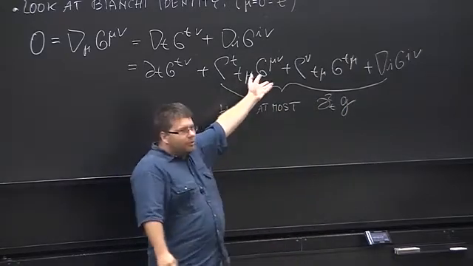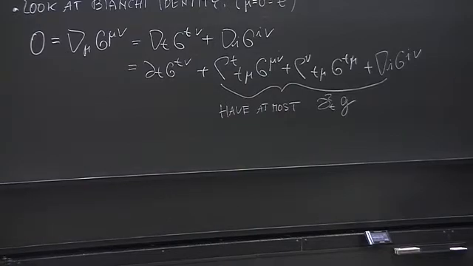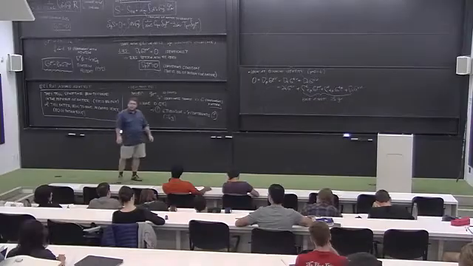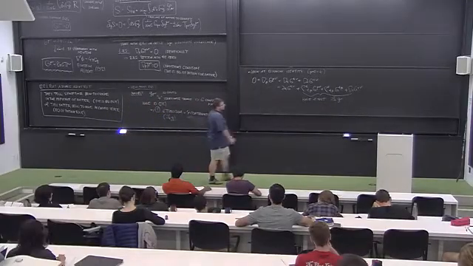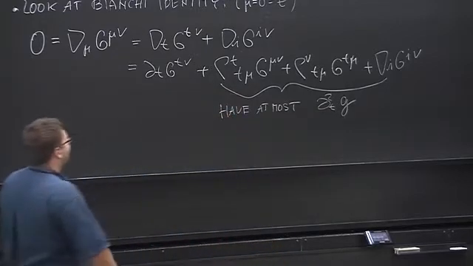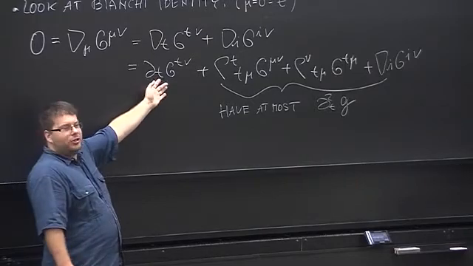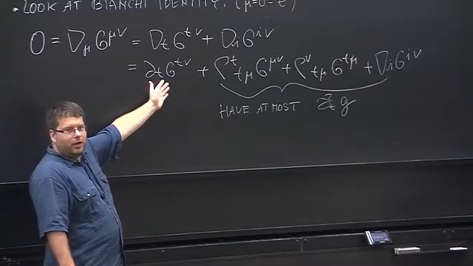So my g mu nu in principle depends on two derivatives of the metric, and all these terms are either taking spatial derivatives of that, or they are not taking any derivatives of that. So this will at most have two derivatives of the metric. But the first term here is actually explicitly differentiating with respect to time.